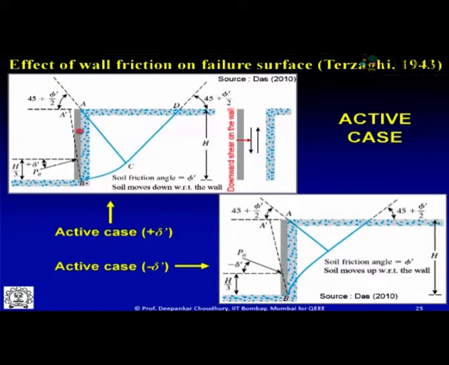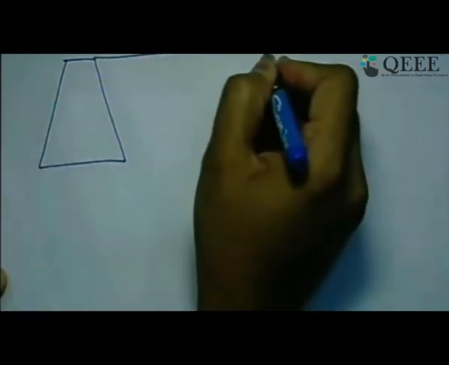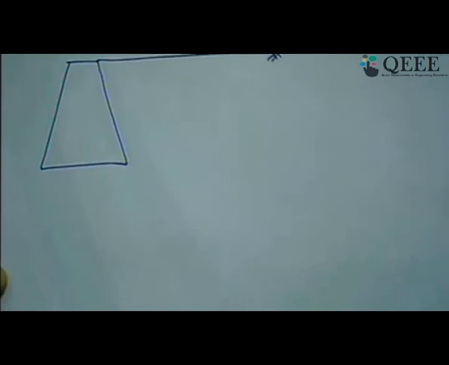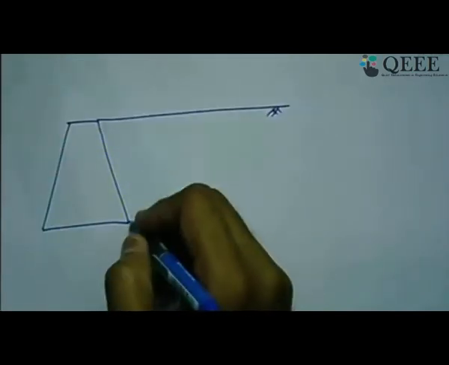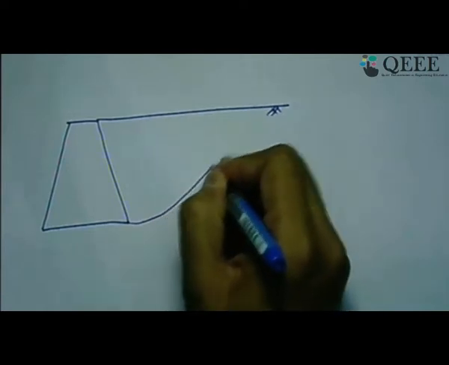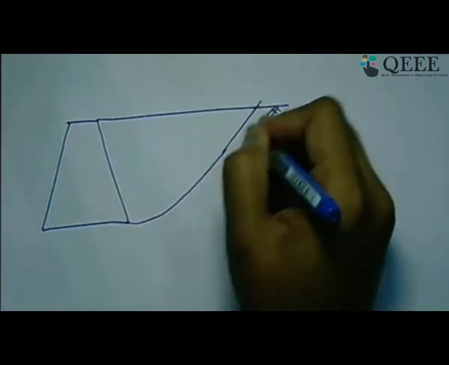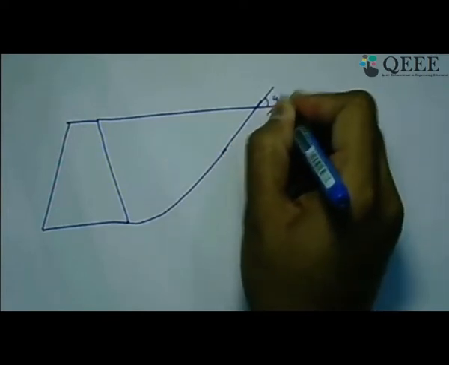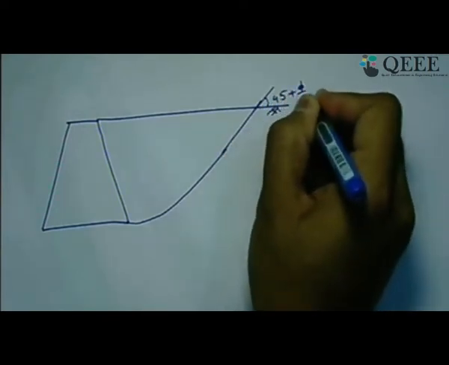Now this is the lateral movement part, or if I want to explain it on this page, I can do it here in a better way. So if I have a rigid retaining wall here and an active state of earth pressure, the actual one, as I said, is a little curvilinear here and then planar, with an exit angle for the Rankine case of 45 plus phi/2.